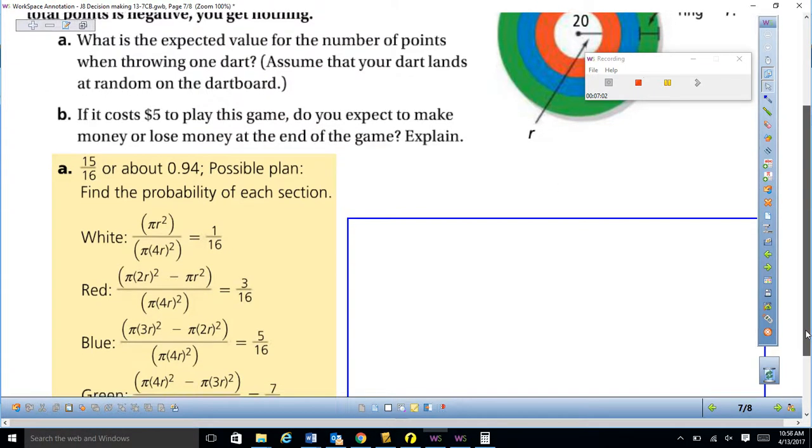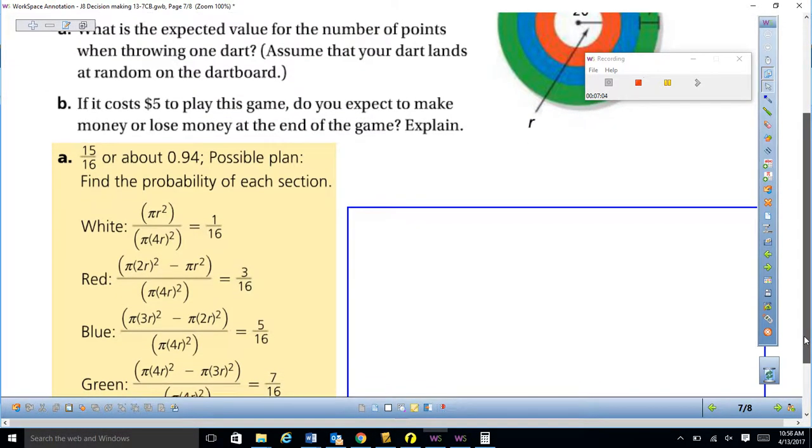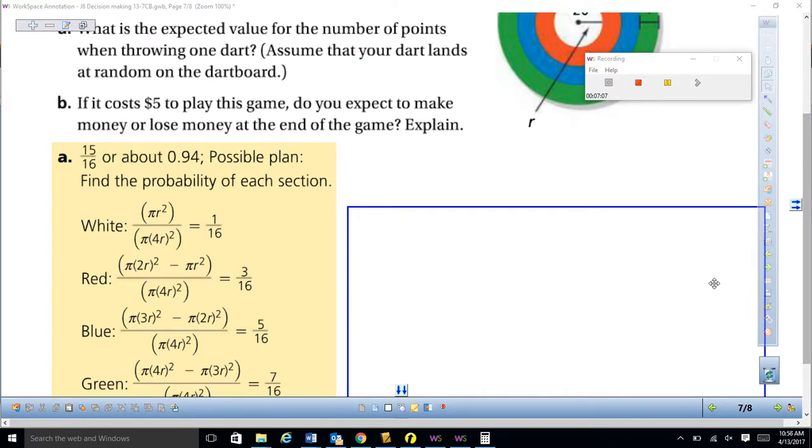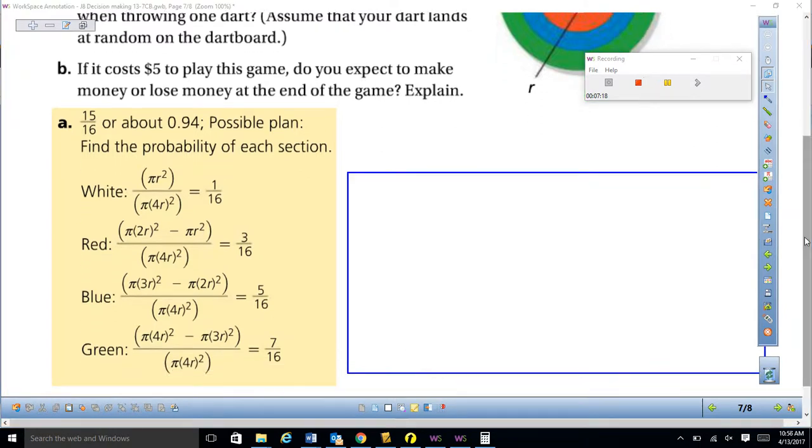So for the first part, we need to find our expected value. So what we do is we would find the probability of each section. The probability of it landing in the white ends up being 1/16, red 3/16, blue 5/16, or green 7/16.